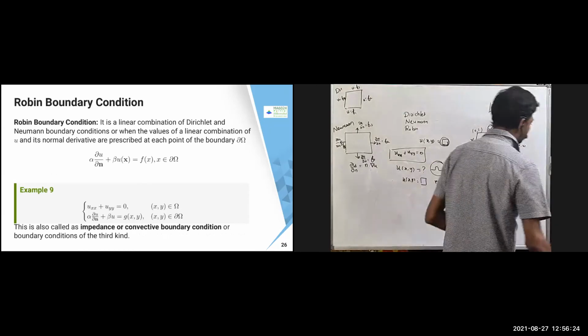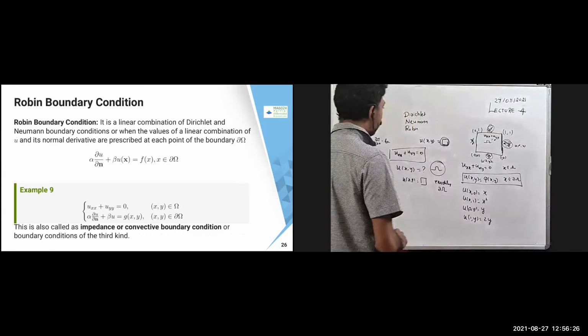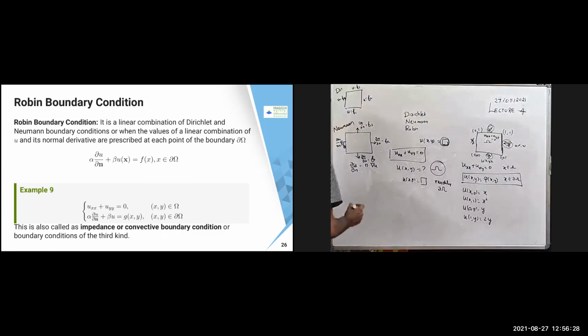The next one is called Robin boundary condition. In Robin boundary condition, you take a linear combination of these two.